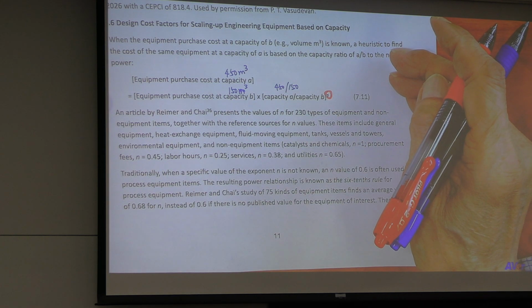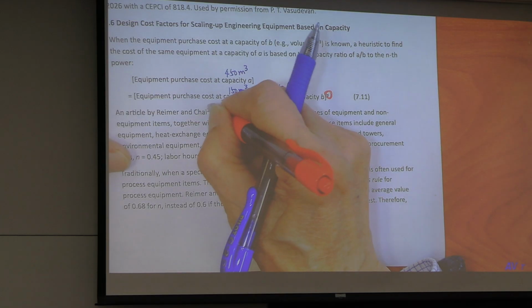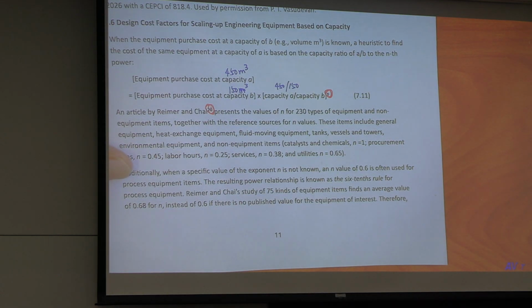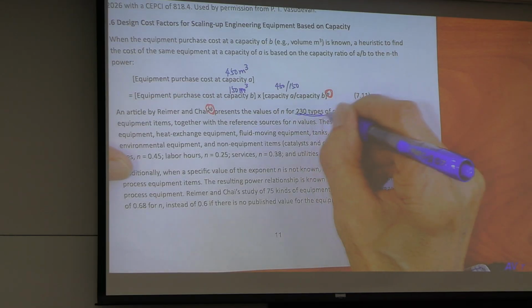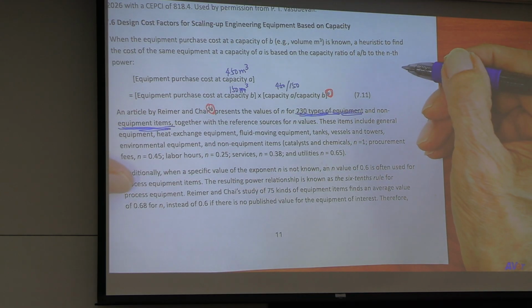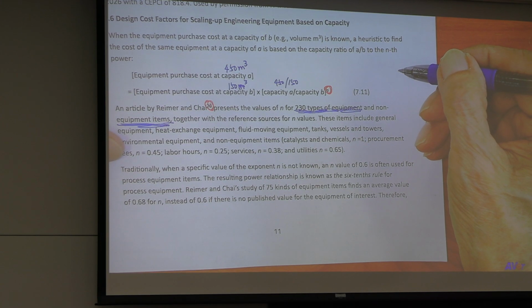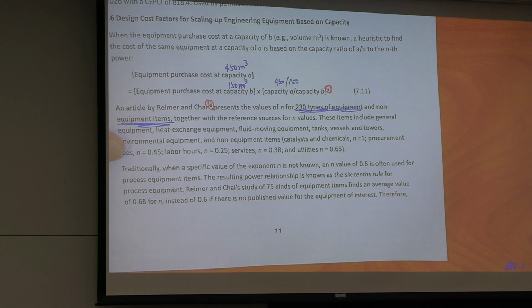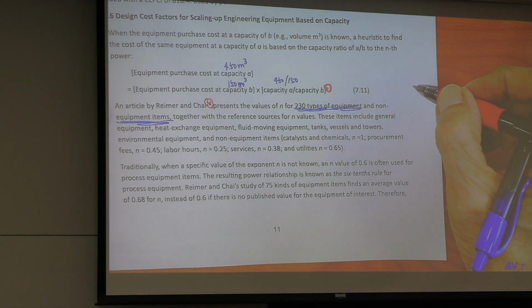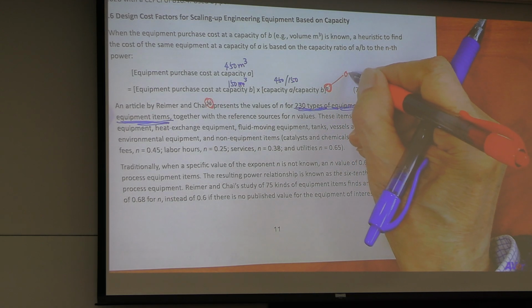Design cost factor, scaling up equipment. There's a reference 26. For 230 types of equipment and non-equipment, you find out the N value, N. Conventionally, this is 0.6.